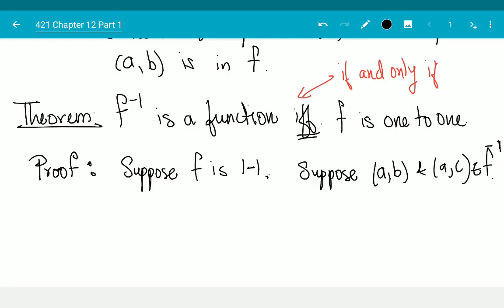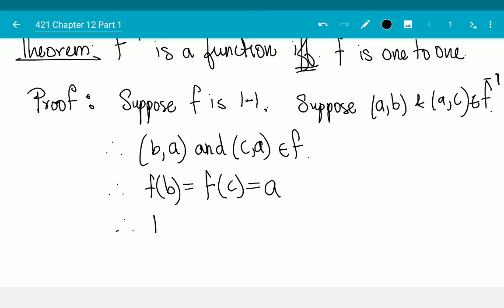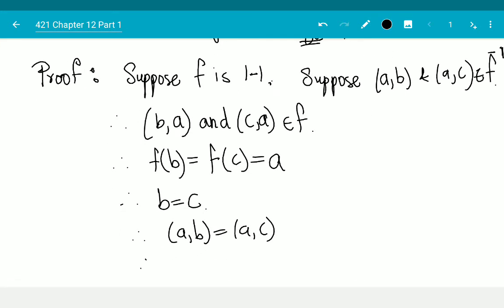Then, therefore, (b, a) and (c, a) belong to f. Therefore, f of b is equal to f of c is equal to a, and therefore b is equal to c. And therefore (a, b) is equal to (a, c), and therefore f inverse is a function.